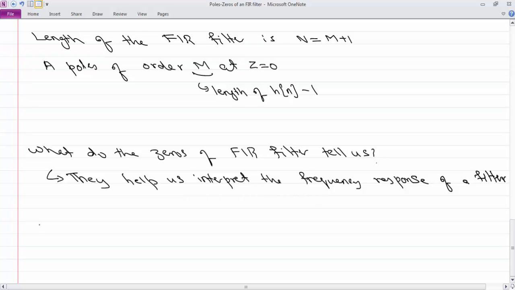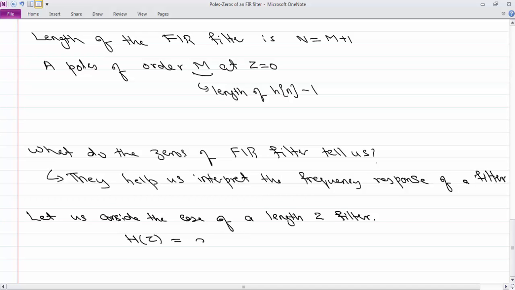So to explain the effect of zeros, let us consider the case of a length 2 filter. Okay. The simplest filter that you can consider, it's a length 2 filter. So if it is a length 2 filter, then my H(z) is simply given by a0 plus a1 z to the minus 1.